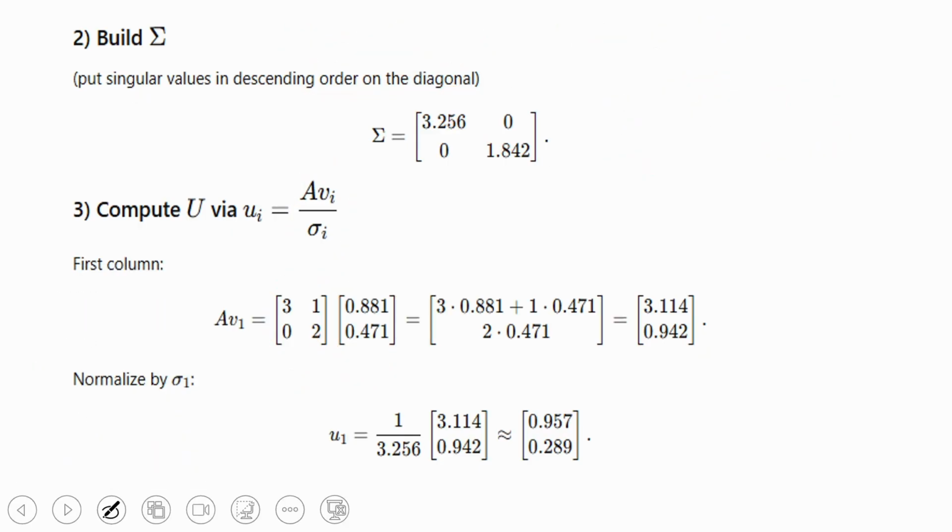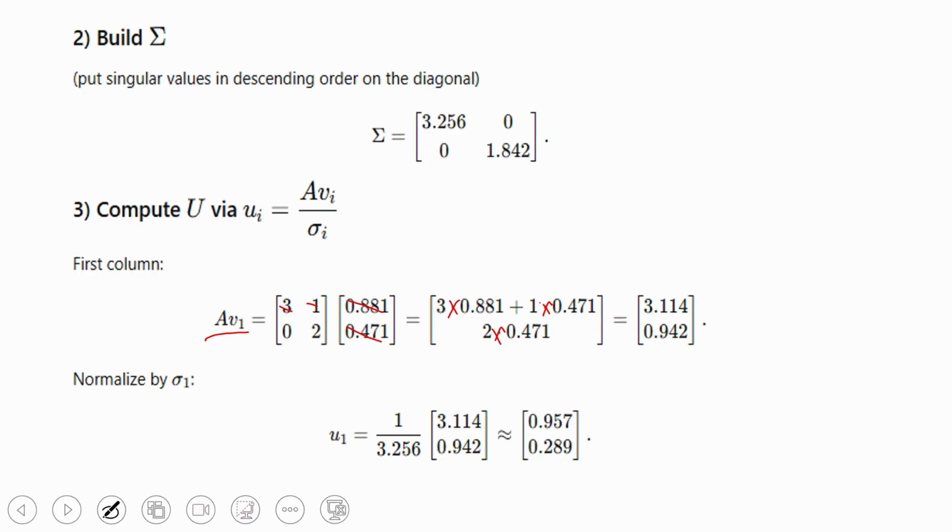This is 3 into 0.881 plus this into this plus this into this, that is 3.114. Next is 0 into 0.881 plus 2 into 0.471, that is 0.942. So this is AV1, divided by sigma i, that is sigma 1.